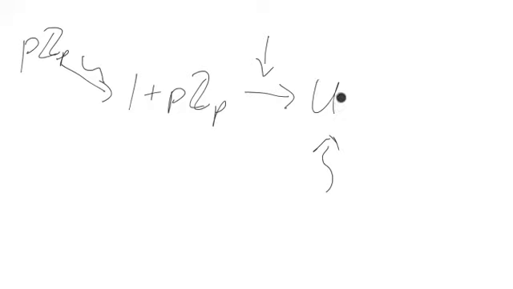Since this is a finite set, because it's a subgroup of Z mod p to the n Z, then a dense subgroup is just the whole thing, especially if we use the discrete topology here. The question is, is this map continuous?